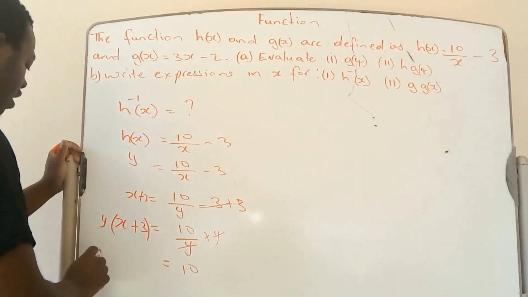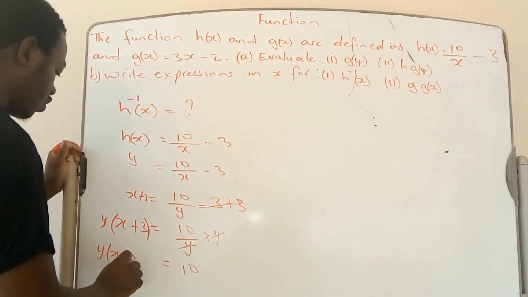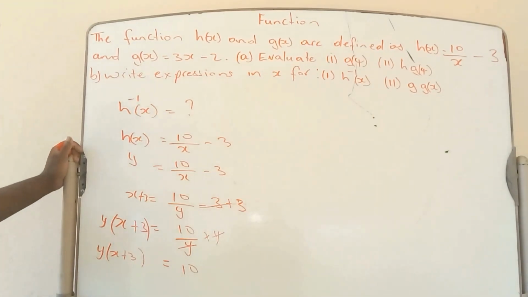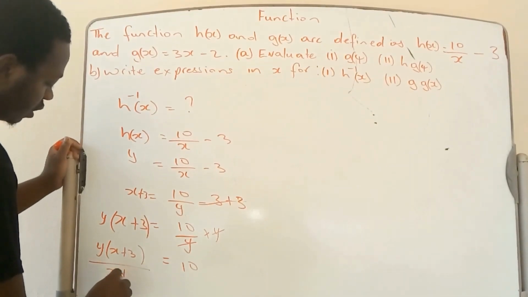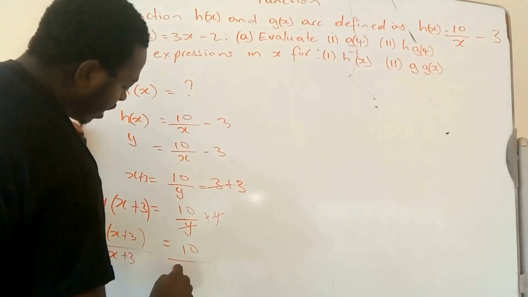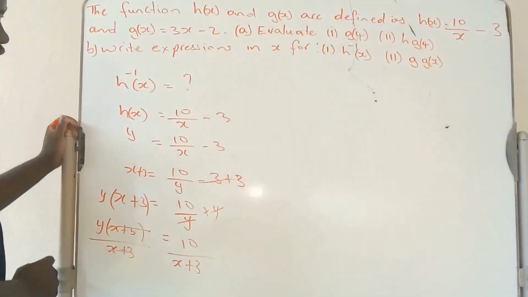Then on this side we have y times x plus 3, right? Now we want y by itself, so we're going to divide this side by x plus 3, and divide this side by x plus 3. So x plus 3 cancels out x plus 3.